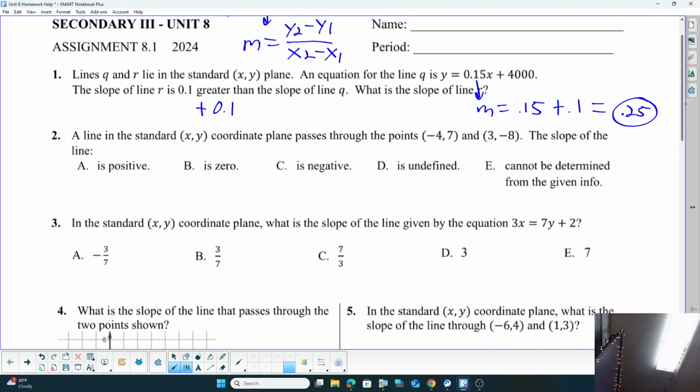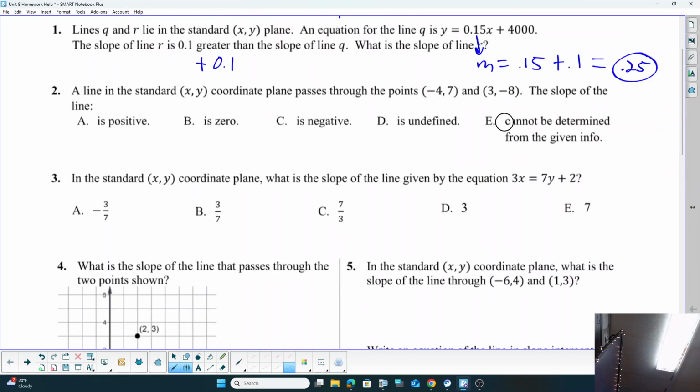You have to do y2 minus y1, so -8 minus 7, over x2 minus x1, so 3 minus a -4. I'll let you figure out the rest. You got this.